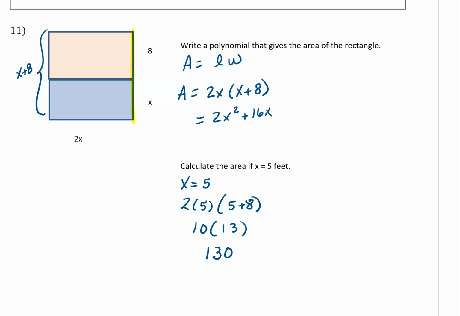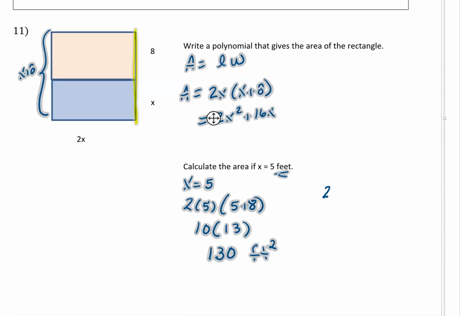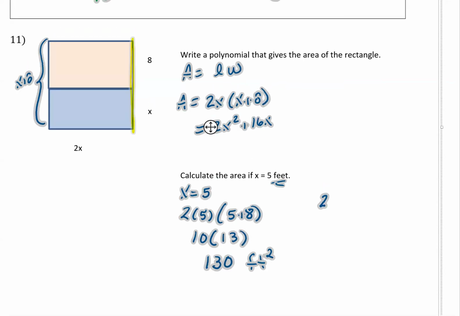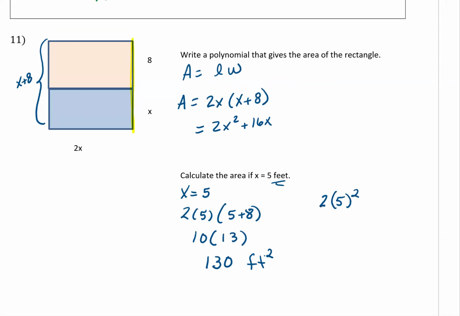We don't have any units, so I would say square units. Oh, it says feet. Silly me. So that'd be square feet. And you could also plug it in 2 times 5 squared plus 16 times 5. Either one is fine.